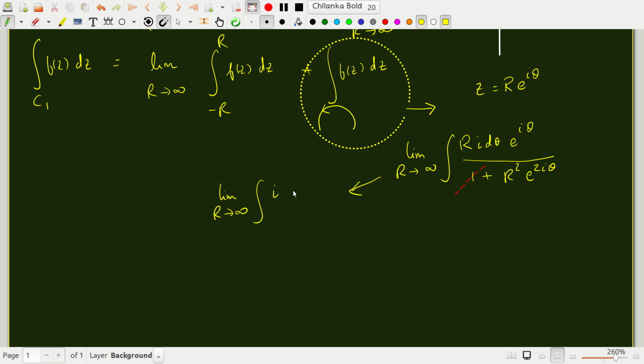So it will be I d theta upon R e to the I theta. Now, as R goes to infinity, 1 over R goes to 0. This integral will tend to 0 as R goes to infinity. So the semicircle part doesn't contribute, right?